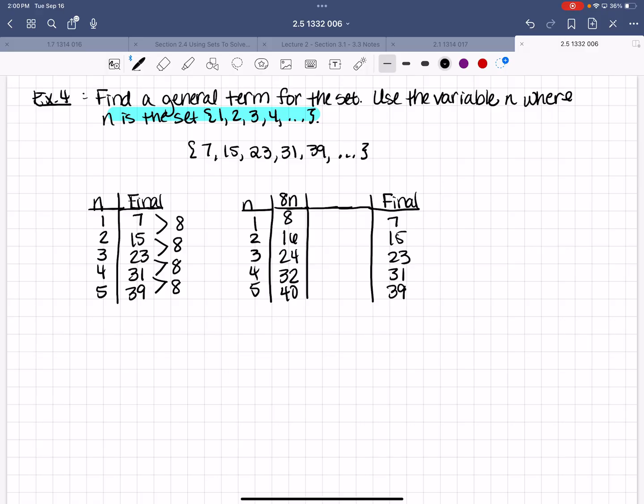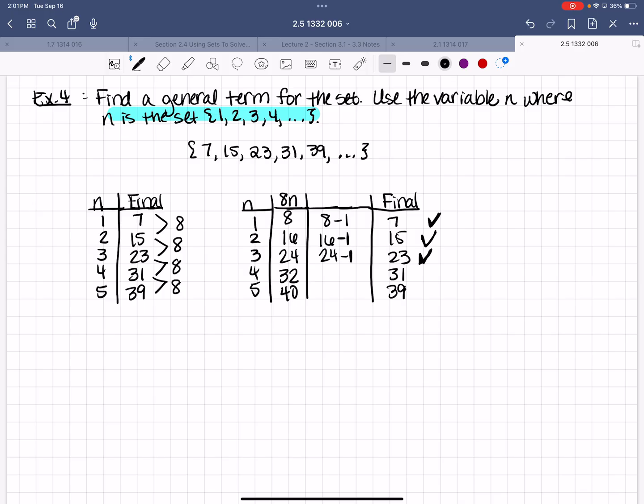Okay, well, I was supposed to get 7, 15, 23, 31, and 39. I did not. What should I do to that 8 to get to 7? -1. Oh, -1. Let's see what happens. That worked. Okay, so let's see. 16 minus 1. That works. 24 minus 1.